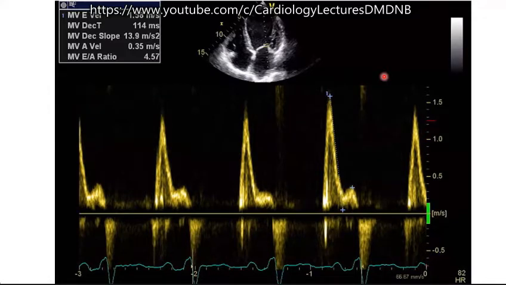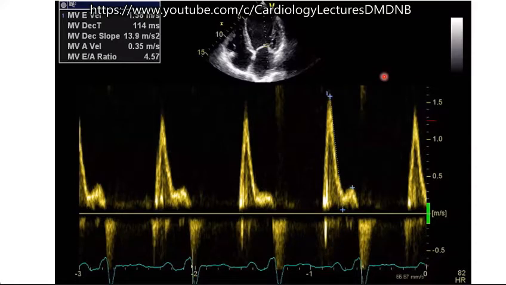So if it is equal to or more than 30 milliseconds, or if the AR reversal is more than 35 centimeters per second, both are indicators that there is a restrictive pattern. So all these things will help you to diagnose LV diastolic dysfunction. And you can always look at the E/E prime also. In this patient, the E/E prime was 40.